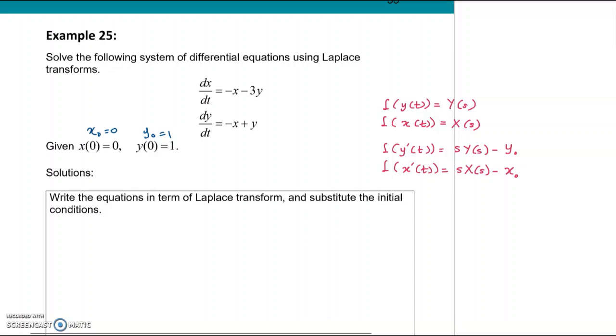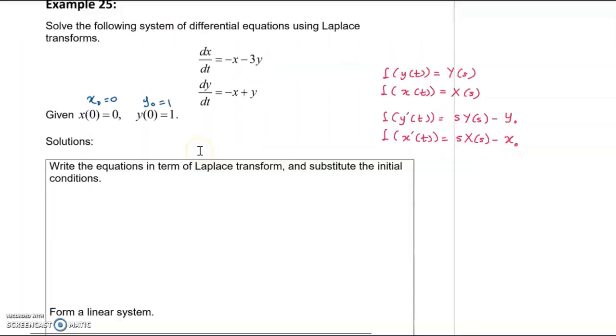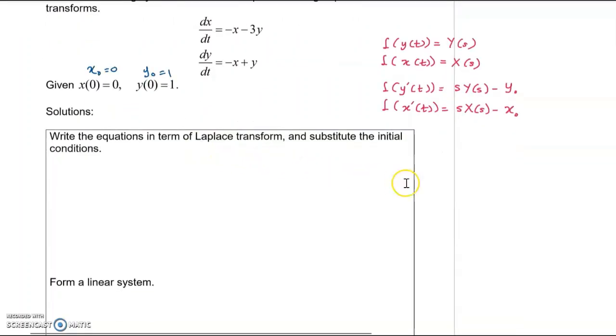Then I put the transform of derivative here for our quick reference. First, we need to write the equation in terms of Laplace transform, and then substitute the initial conditions. So for the first equation, we have the Laplace of x prime.